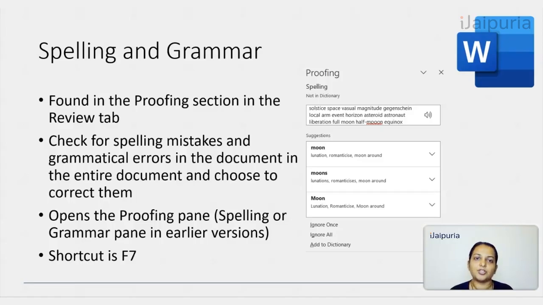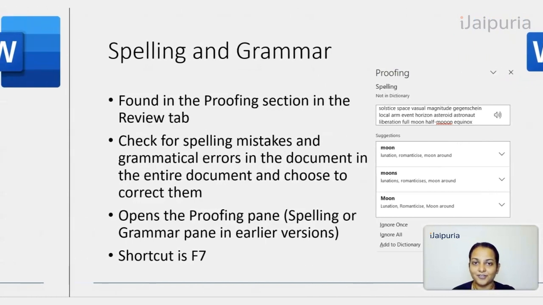Now, in the newer versions of Microsoft Word, we get this proofing pane which usually appears on the right of Microsoft Word. However, you can move it around wherever you want. The spelling and grammar checker helps you look for the word and understand what you want to replace it with. This is possible even by using the shortcut key F7.